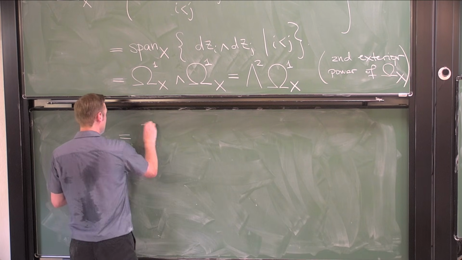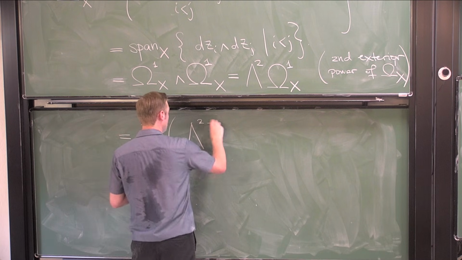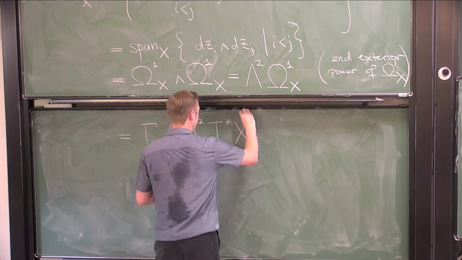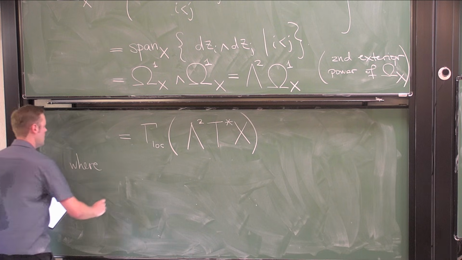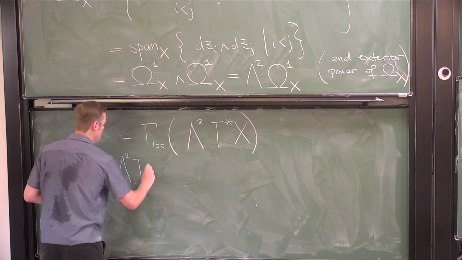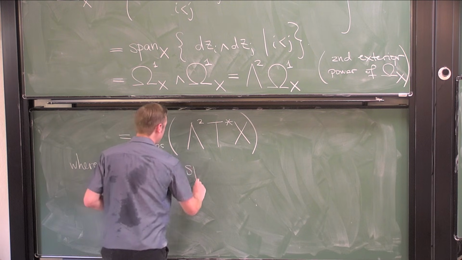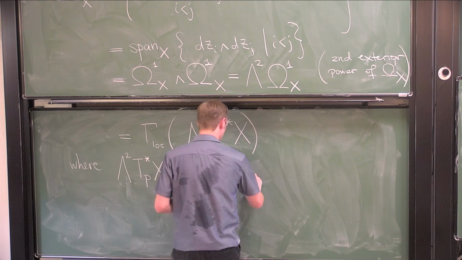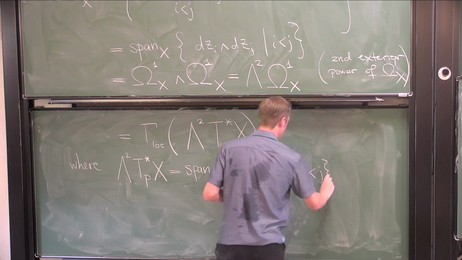I'll write this as the set of local sections of what people call big wedge 2 or lambda 2 T star X. Where the second exterior power of the complex cotangent space at P is really just the linear span, this time an honest linear span over the complex numbers, over these wedge products of your vectors.